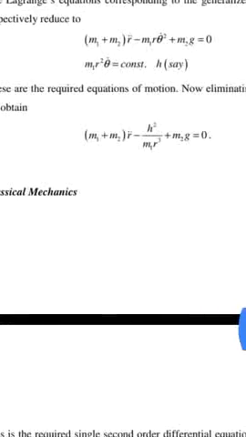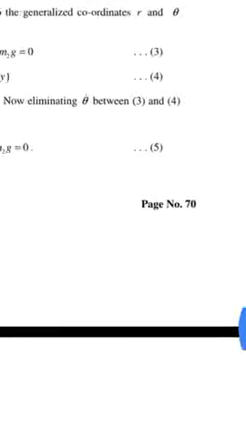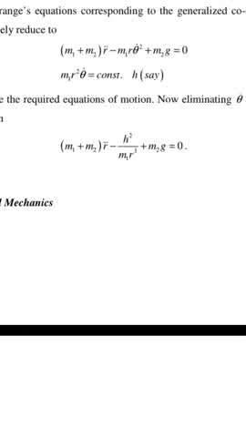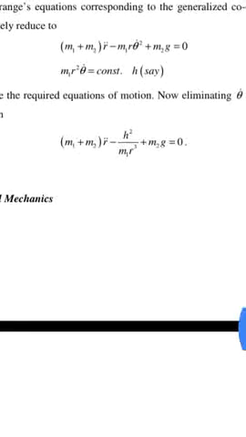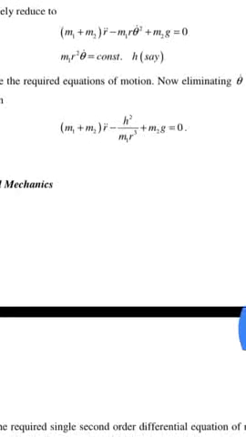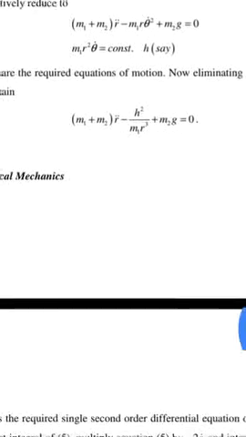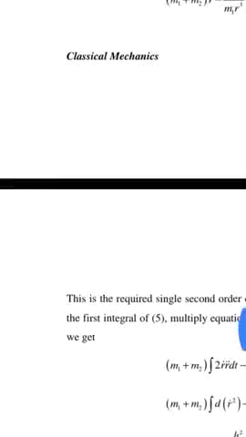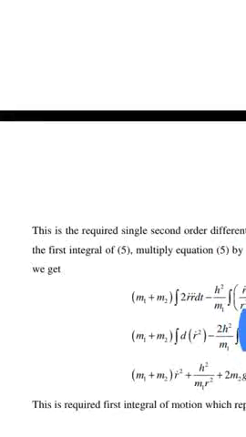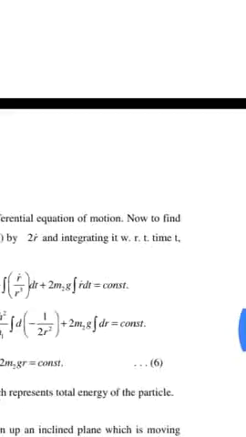These are the required equations of motion, and eliminating theta from these equations, we get (m1 plus m2) r double dot minus h square divided by m1 r cube plus m2 g is equal to 0. This is the required single second order differential equation of motion.